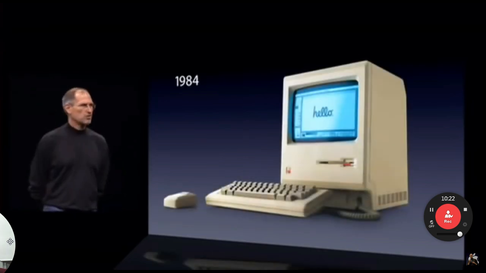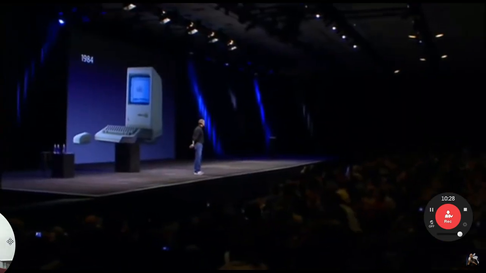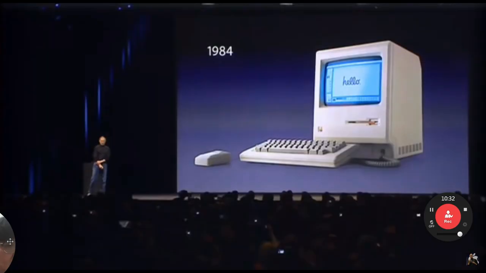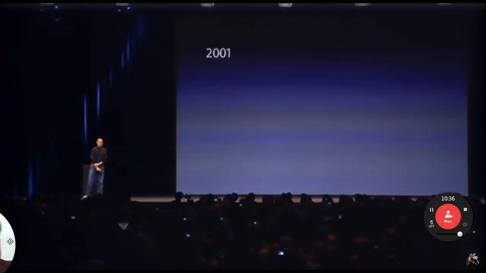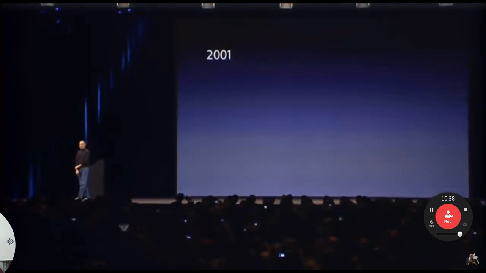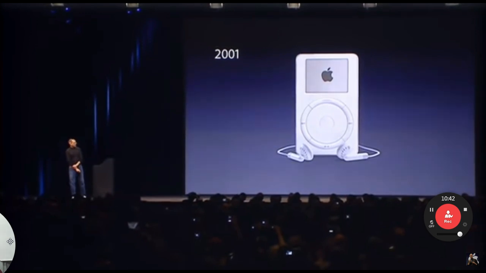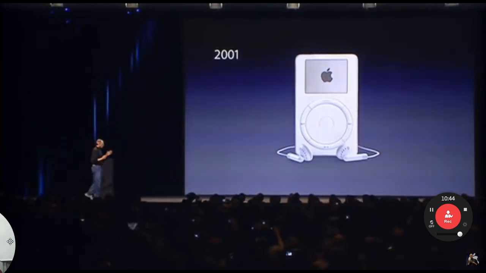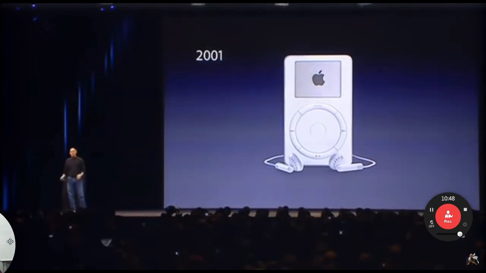It didn't just change Apple, it changed the whole computer industry. In 2001, we introduced the first iPod. And it didn't just change the way we all listen to music, it changed the entire music industry.